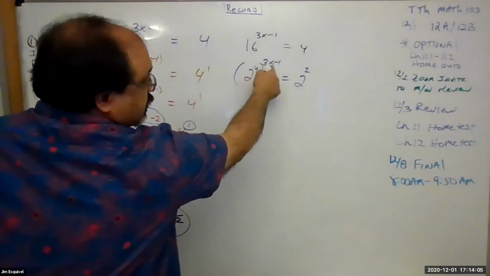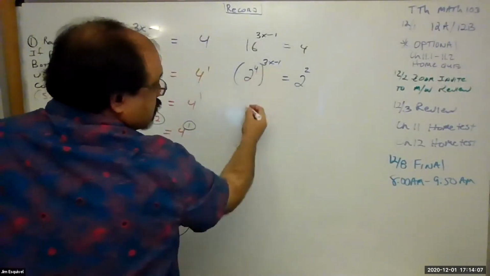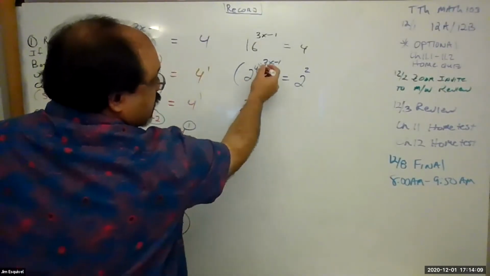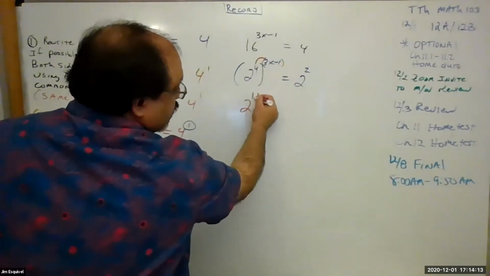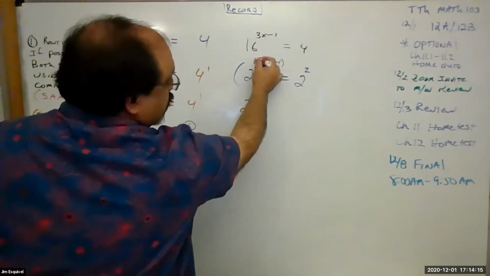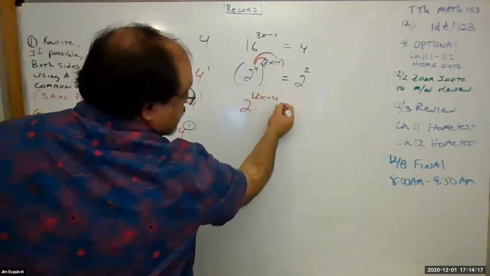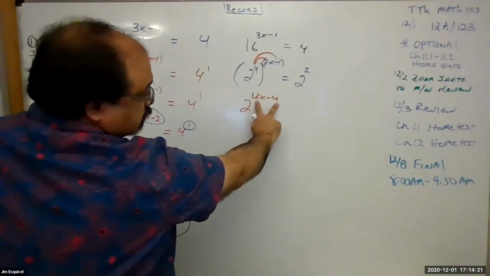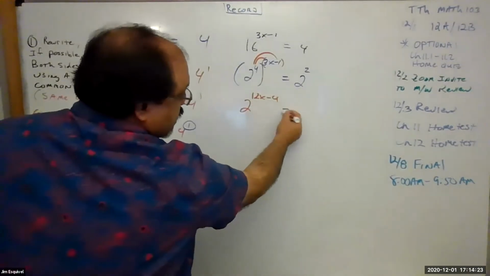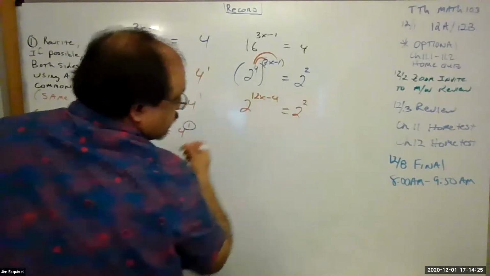Power to a power you multiply. So this is going to be 2 to the 4 times 3x is 12x. 4 times -1 is minus 4. So it's 2 to the 12x minus 4 equals 2 to the 2nd.